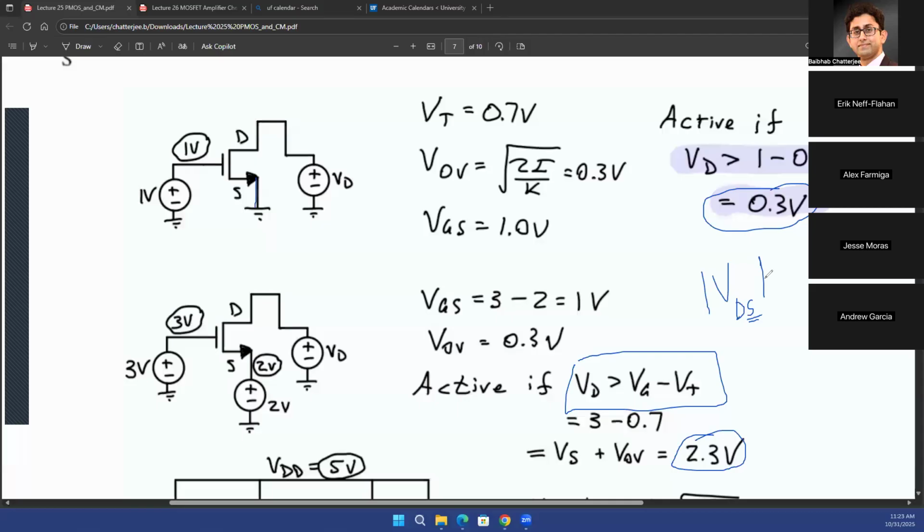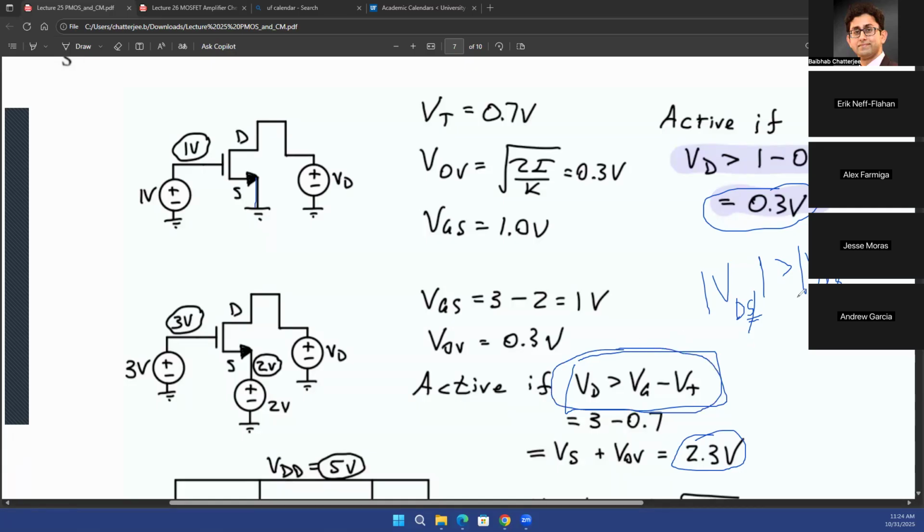That's just because you can calculate this in two ways. I showed only one. VDS greater than VGS minus VT: I write that first, and because VDS is VD minus VS and VGS is VG minus VS, the VS is present on both the left and right side. So I can cancel out VS and say VD greater than VG minus VT. That's what we wrote here. That's one way to do it.